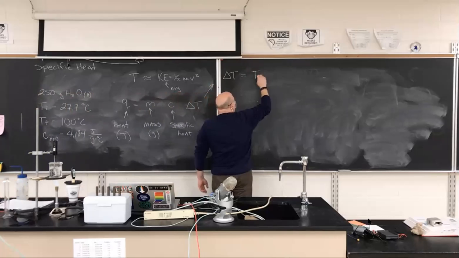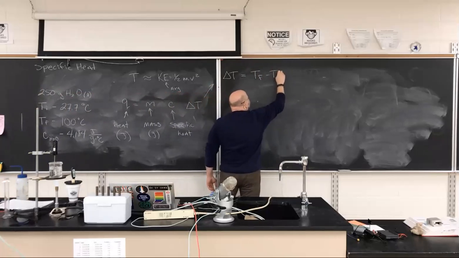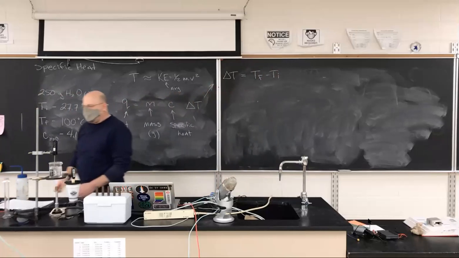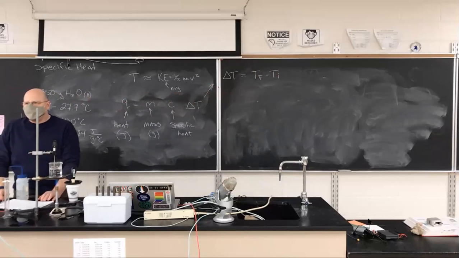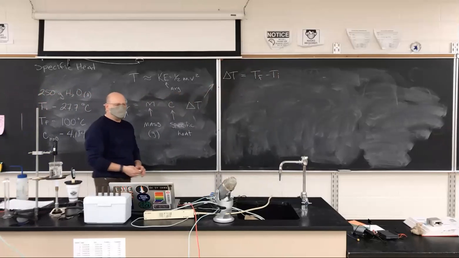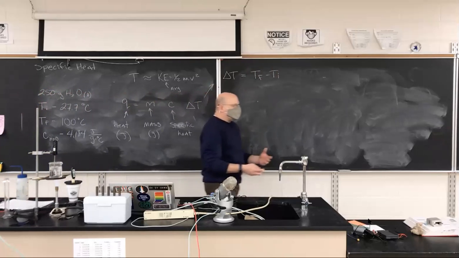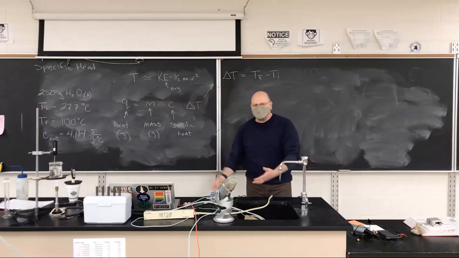It's temperature final minus temperature initial. That order is very important. We do not want to take the temperature initial minus the temperature final. We're looking at how the temperature is changing.